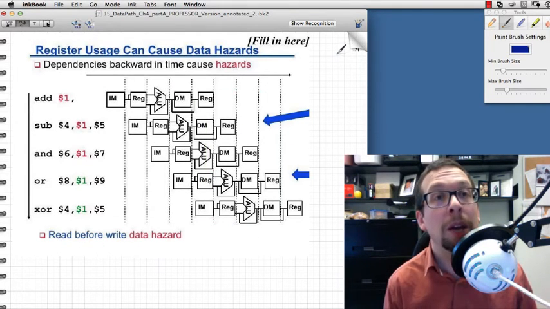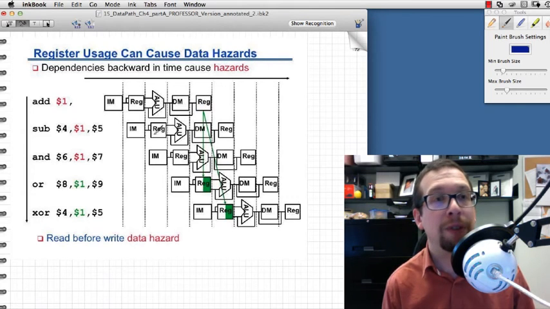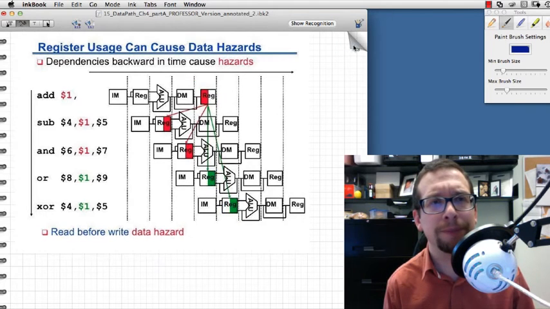From there, backwards dependency can be a problem as well. So dependencies backward in time can cause hazards. If, for instance, in a normal case, you needed to access a register after some addition had happened over here, no problem, that's all good.